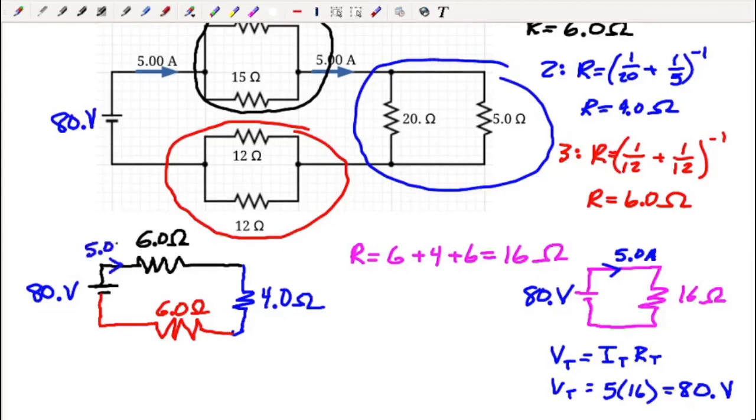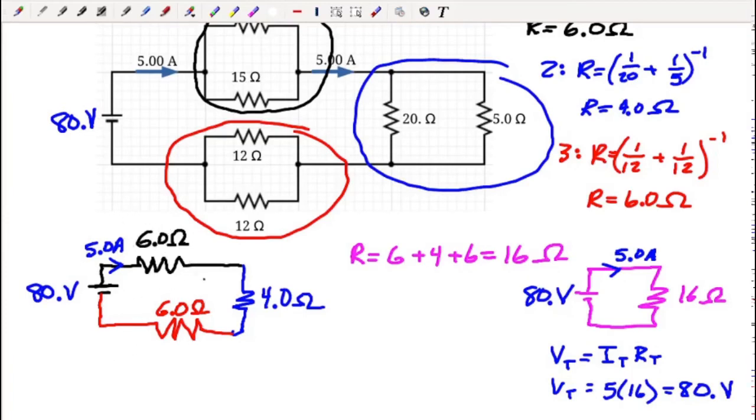So 5 amps will let me figure out how much voltage is used in these branches. Remember that the amount of voltage used in each branch is going to be the same, because no matter which path I choose, I have to get back to the battery using all my 80 volts. So I can use my current to figure out how much voltage is used in each branch by using the equivalent resistance of 6 ohms.